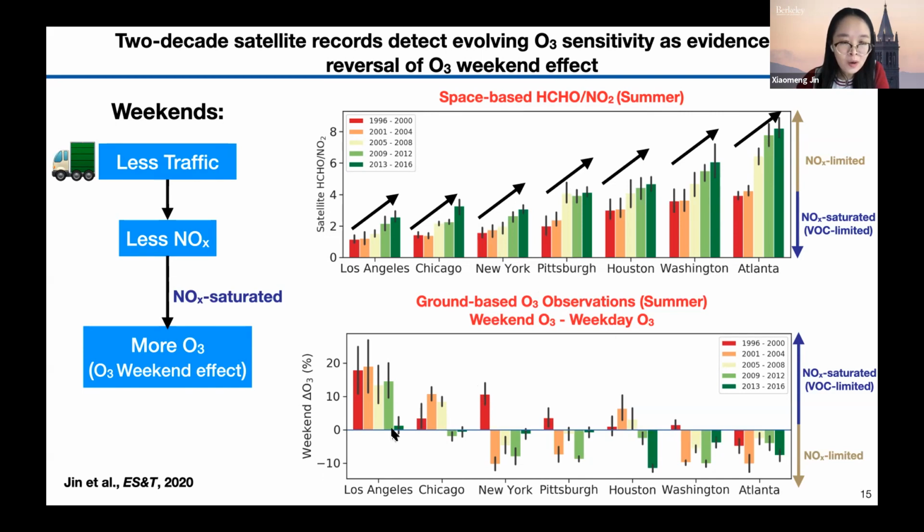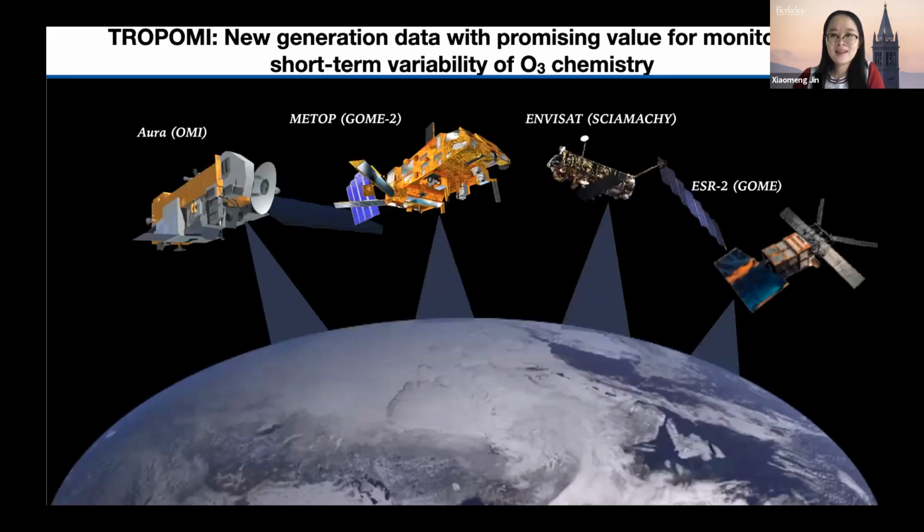And for Los Angeles, while we can still find the positive difference on weekends minus weekdays, the magnitude of the ozone weekend effect has become much smaller in recent periods. So this again tells us that these US cities are making the transition to the NOx limited regimes.